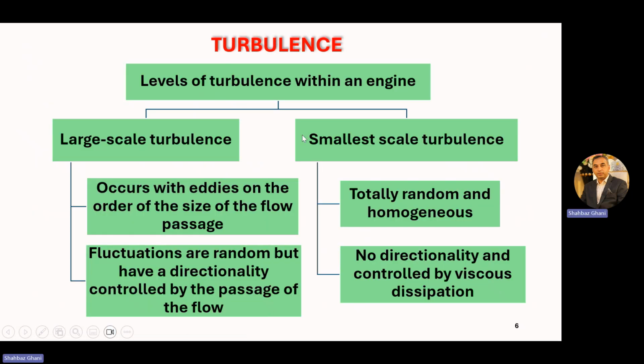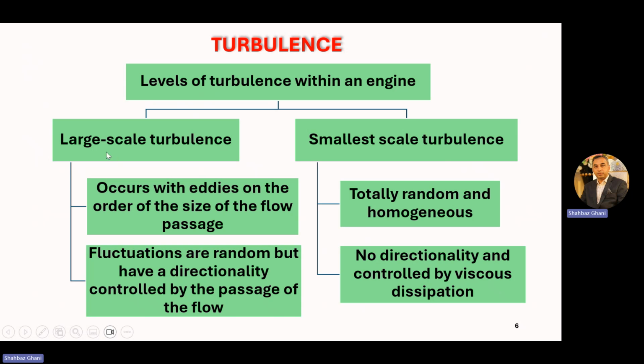Now, we can divide the level of turbulence within an engine into large-scale turbulence and small-scale turbulence. Let's see the small-scale turbulence first. It is totally random and homogeneous, with no directionality, and controlled by viscous dissipation.